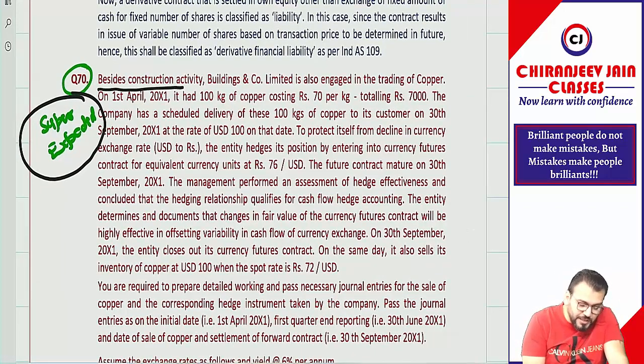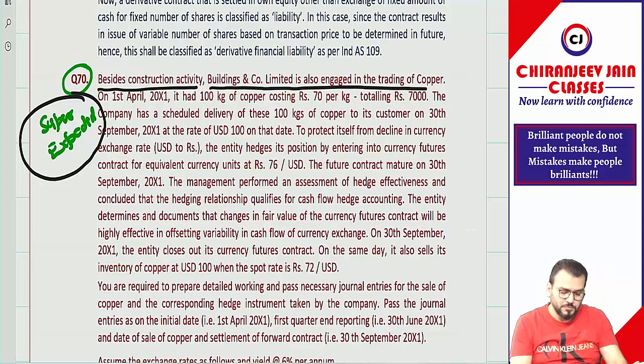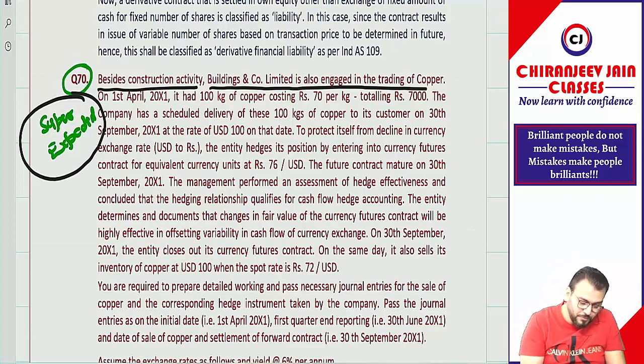Besides construction activity, Building and Company Limited is also engaged in trading of copper. On 1st April 2001, it had 100 kg of copper costing rupees 70 per kg, totaling rupees 7,000.